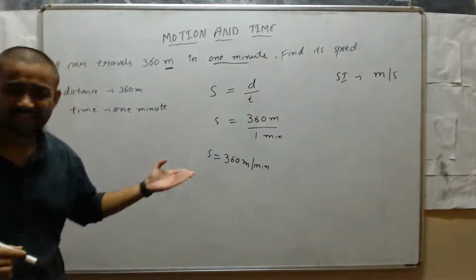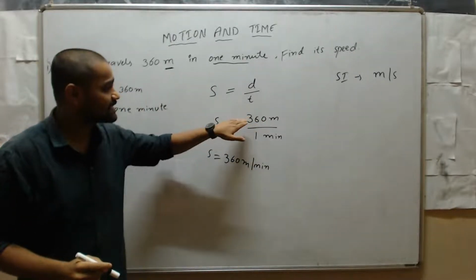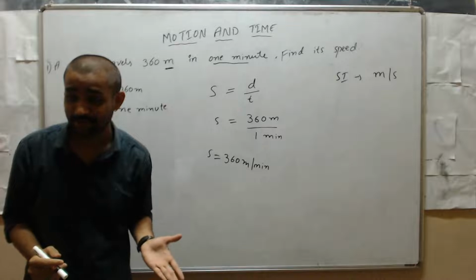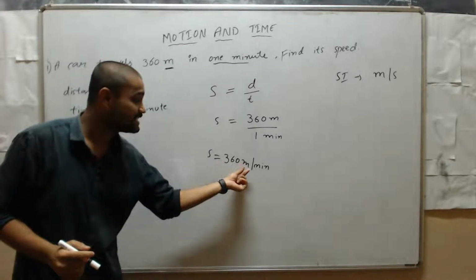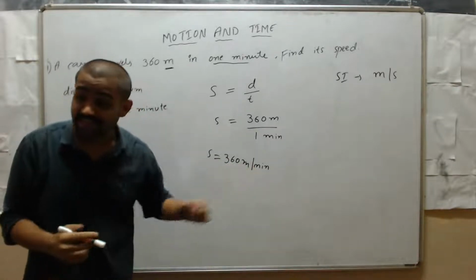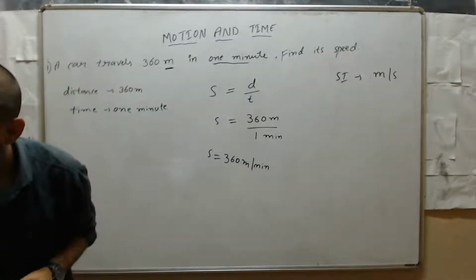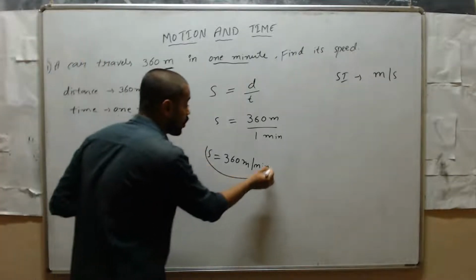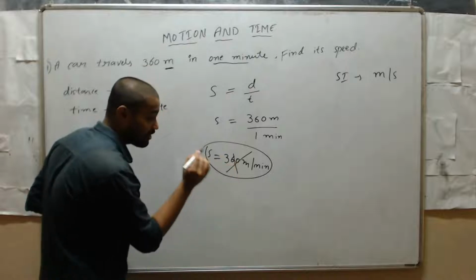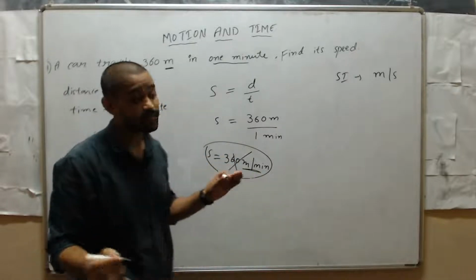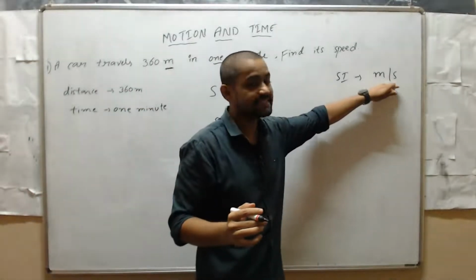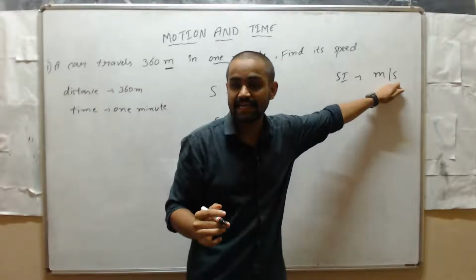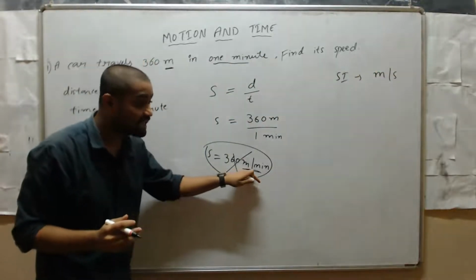Is it correct, students? This is wrong. Why, sir? Because the SI unit of speed is meter per second, and here we get meter per minute.